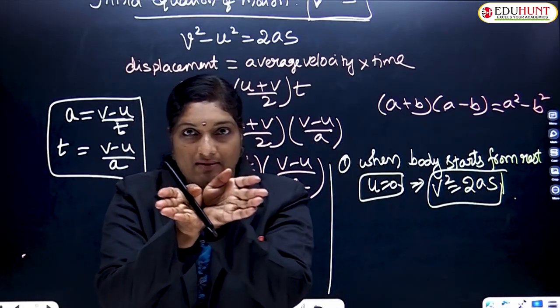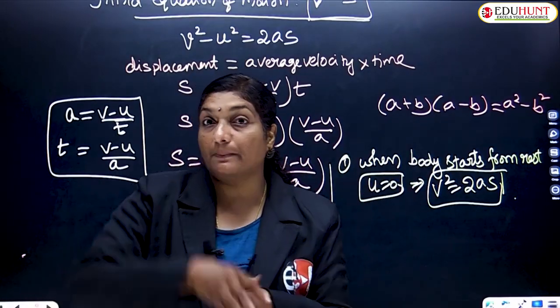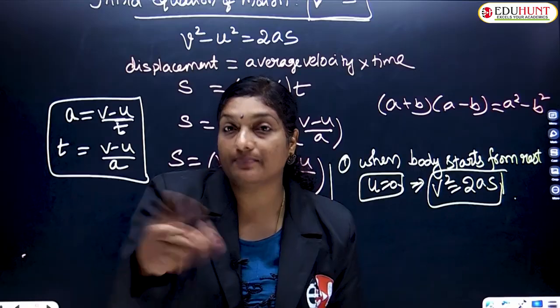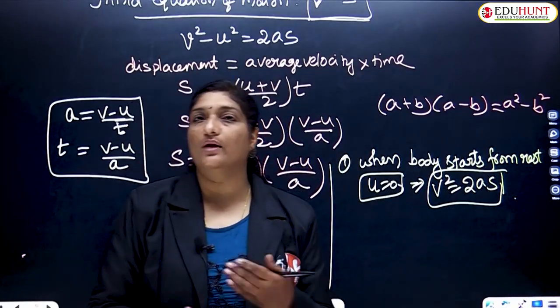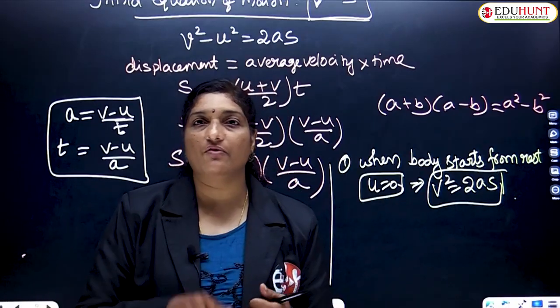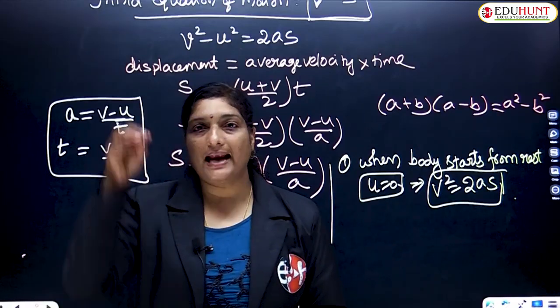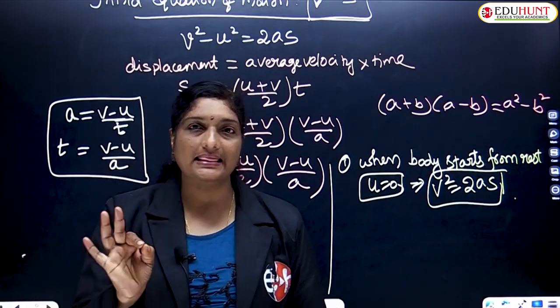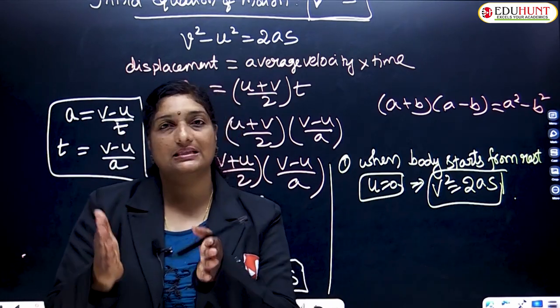At that particular instant of time, how much distance is the body moving? That we are going to calculate. Instead of saying 3rd, 4th, I represent that particular second as the nth second. So, the distance moved by a body in the nth second.